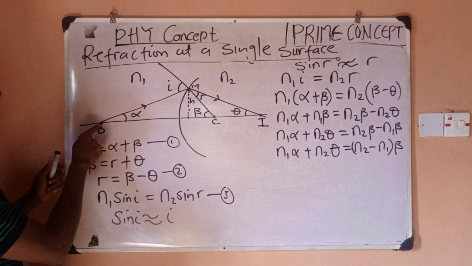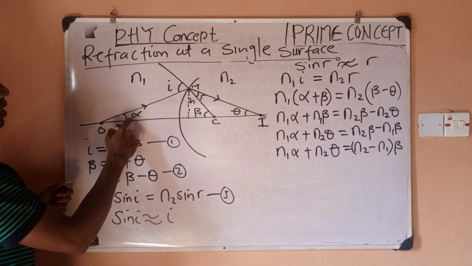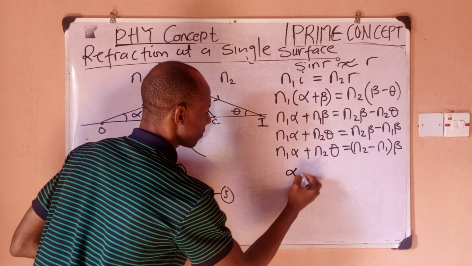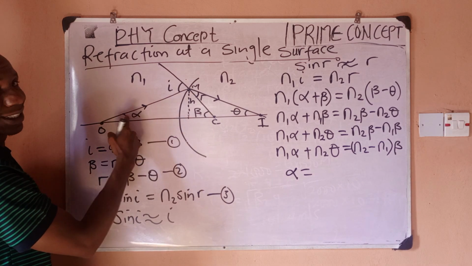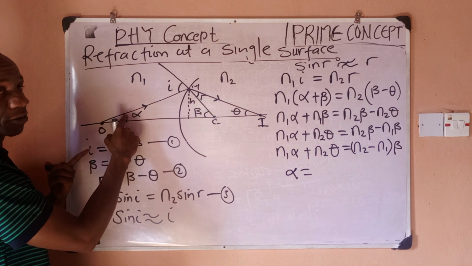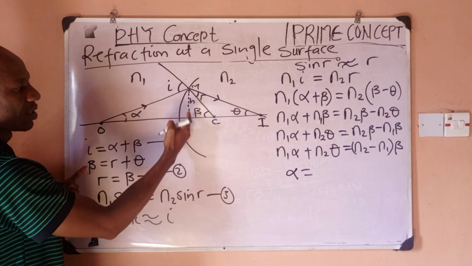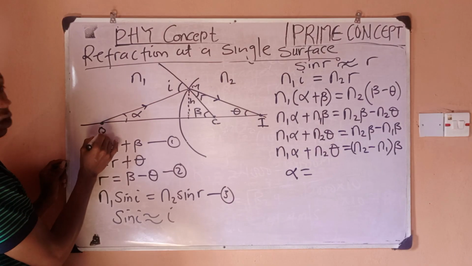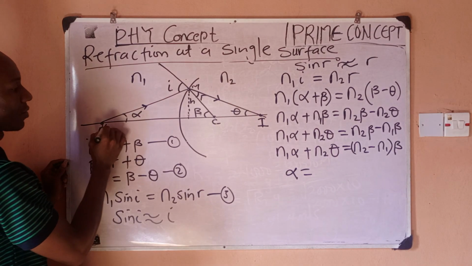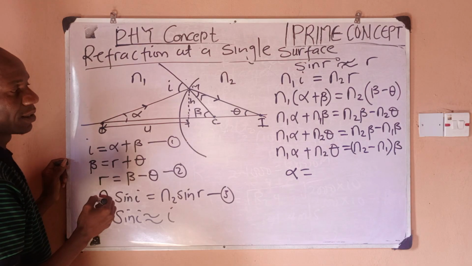Now considering this triangle O, M, and at this point, you would notice that alpha is going to be opposite. So sine alpha, which is the same as alpha now from our assumption, is going to be opposite height h over the hypotenuse. Since this is your object, the distance from this point to this point is u, your object distance.